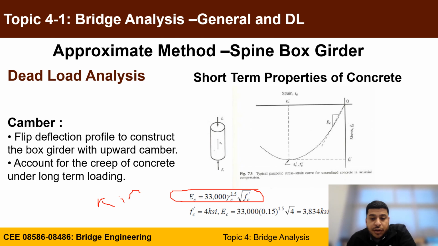So this equation is 33,000 gamma to the power 1.5 times square root of f'c. For 4 KSI, you can apply this equation and you end up having 3,400 KSI modulus of elasticity of concrete. And for steel, structural steel is 28,000, and for reinforcing steel is 29,000.